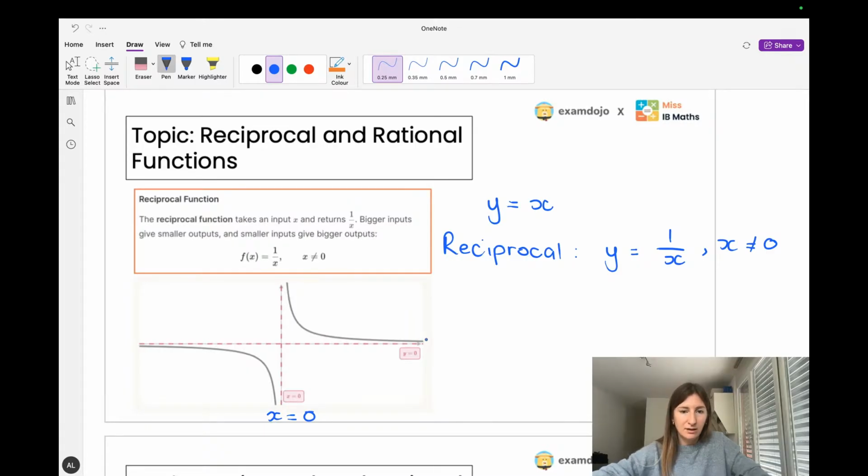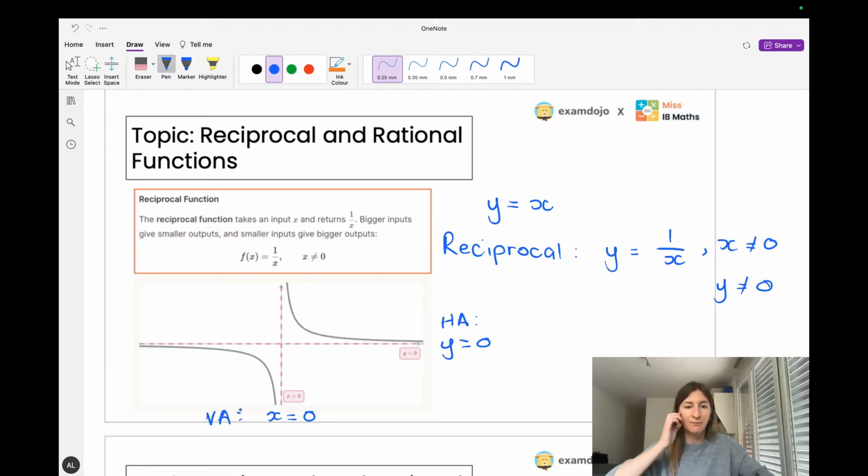And now because of that, we also cannot have y being equal to 0. Because x never equals 0, y will never have a value of 0. So we then get the line y equals 0. That's our other asymptote. This one is our horizontal asymptote, and this one is our vertical asymptote.